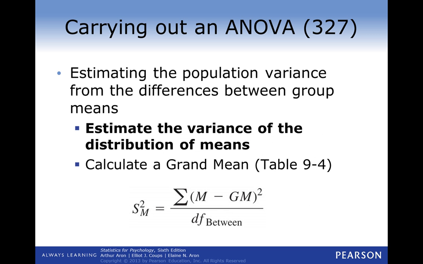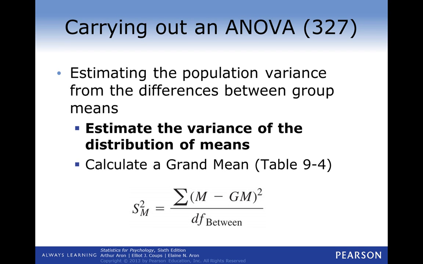We now have to compute our between group variance. It's a little more complicated, but it's not impossible. So our formula for our between group variance is also used to compute a variance for a distribution of the means. We have to compute a variance for the distribution of the means because we have 3 different groups.